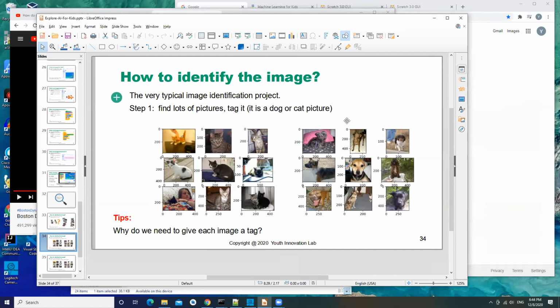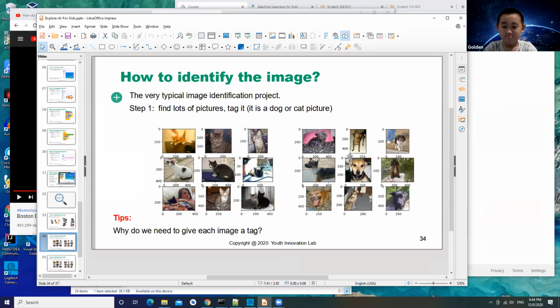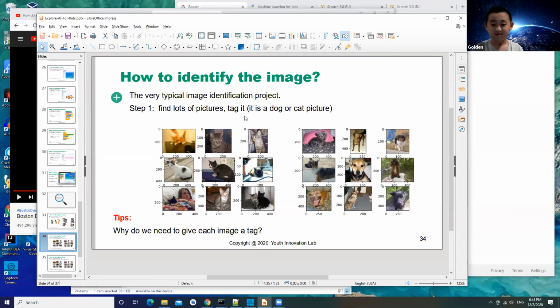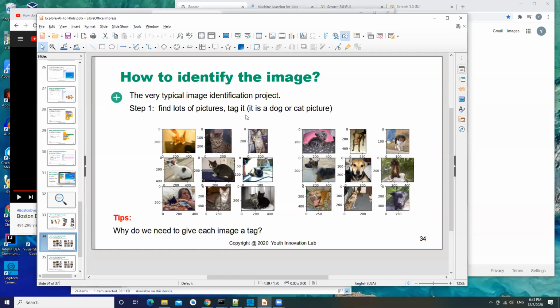At the same time, if you see the dogs on the right side, you see a lot of dogs. Every time you see a different kind of dog, somebody tells you, okay, this is a dog and that's another dog. Oh, this black one is also a dog, right? So you try to really give them something called a tag. We give them the tag, say, okay, on the left side, the tag for this animal is cat.